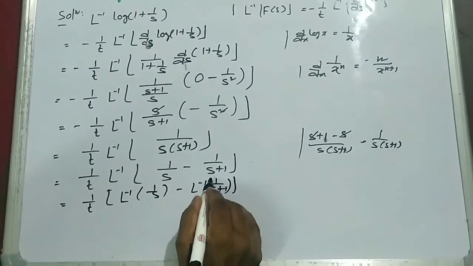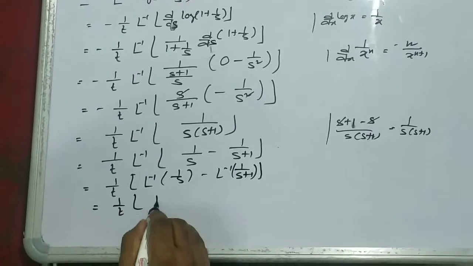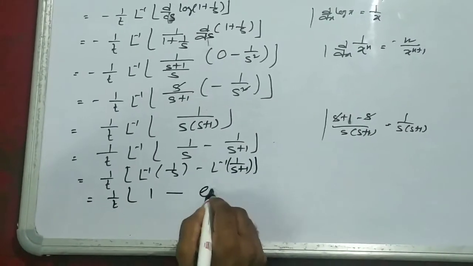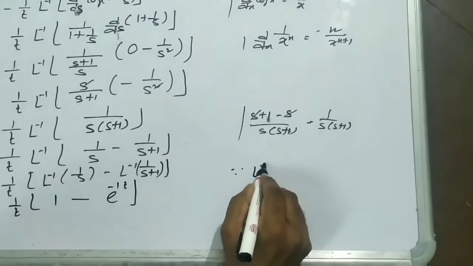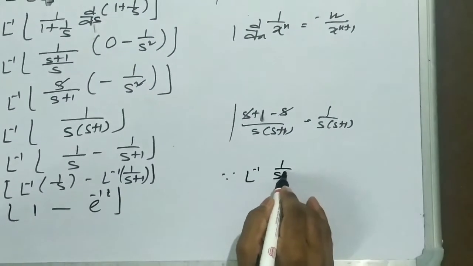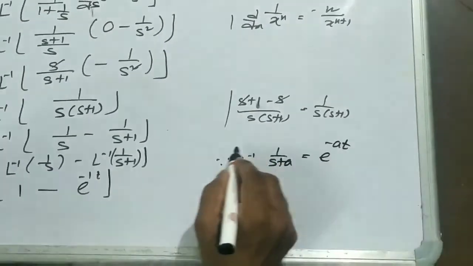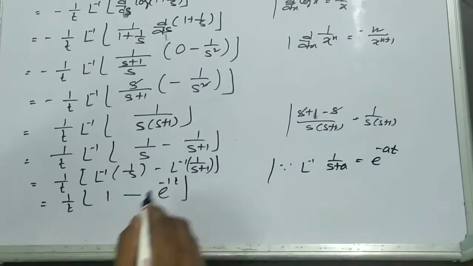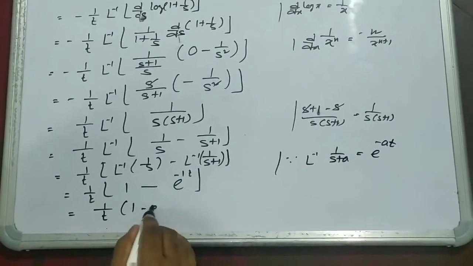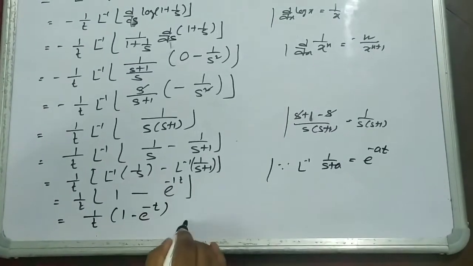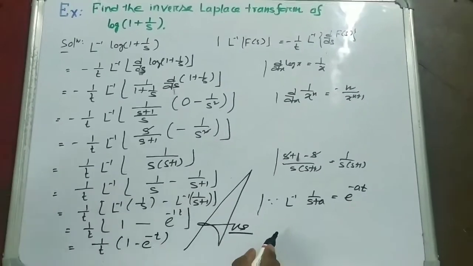So we get this one. 1 by t, L inverse 1 by s means 1, and this is minus e to the power minus t, because we know this formula: L inverse 1 by s plus a equals e to the power minus at. By using this formula, a means 1. Or we can write 1 by t times (1 minus e to the power minus t). This is our answer.